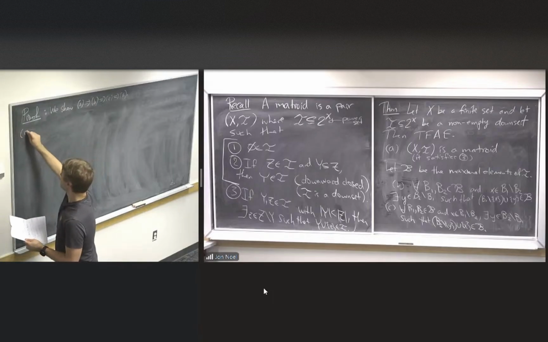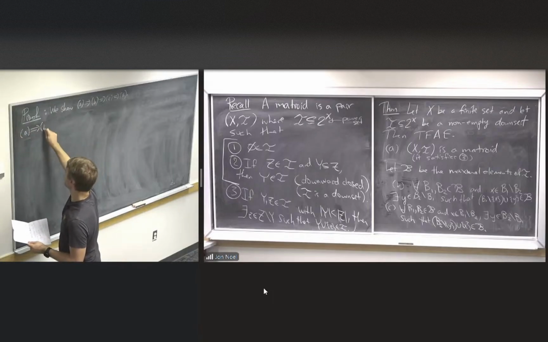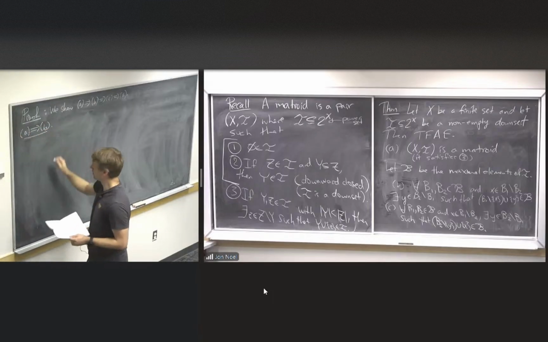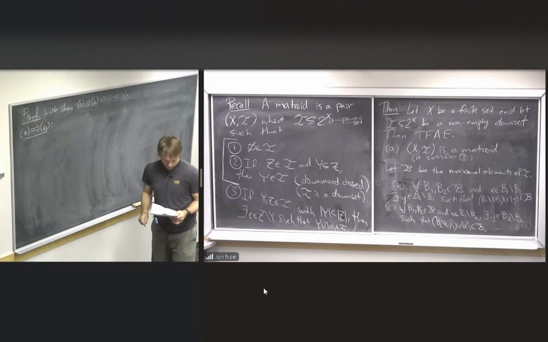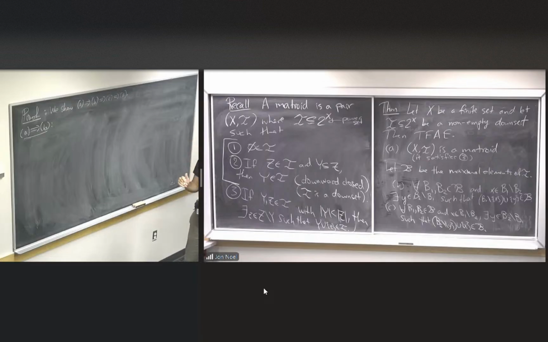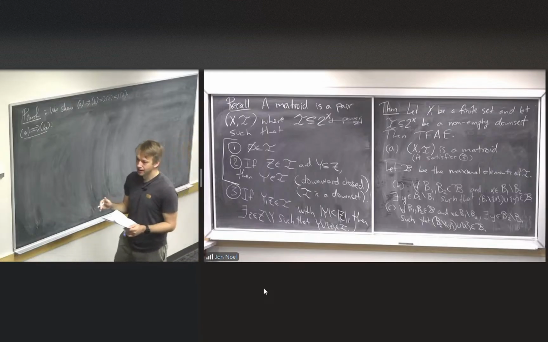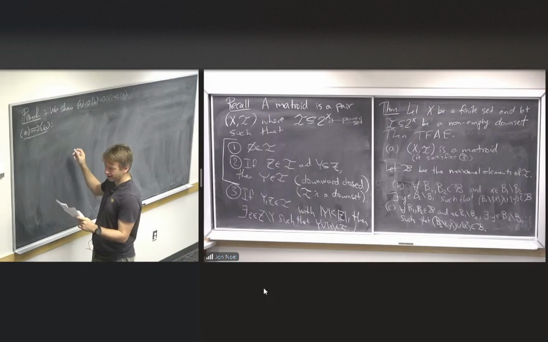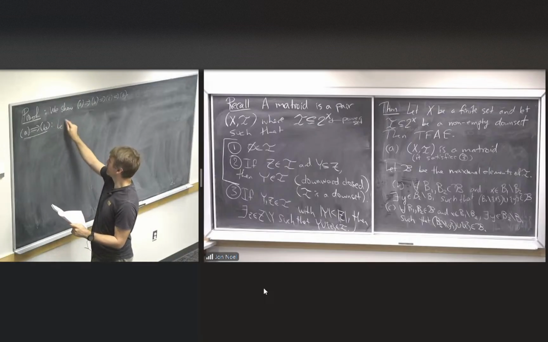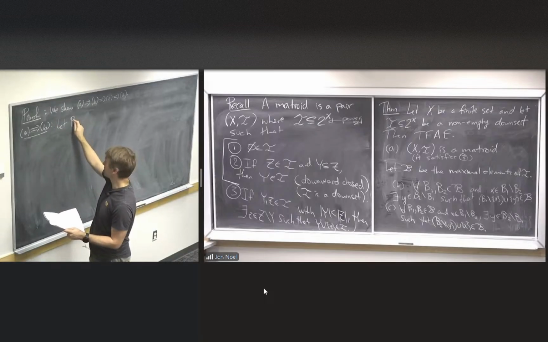Okay, we're assuming this thing is a Matroid, so we're assuming it satisfies that third property over there. Now I want to show that it satisfies B.